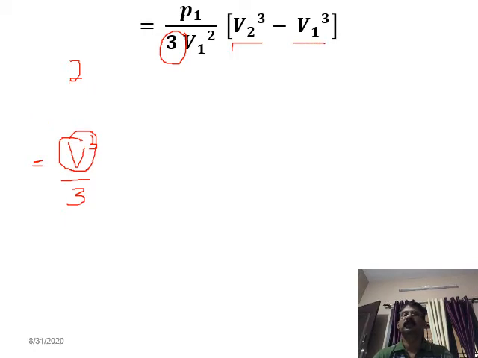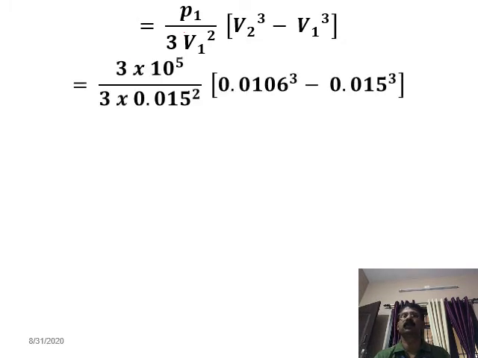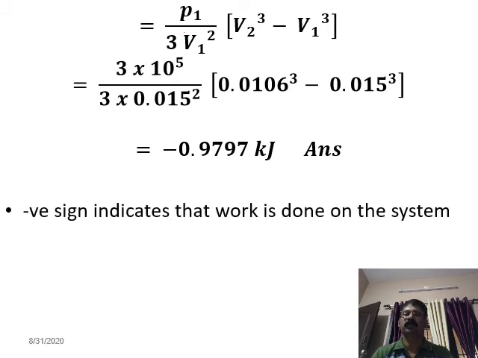Now already you found out V2 because we did it in the beginning itself. So directly you can substitute the values of P1, V1 and V2, and you get the answer as minus 0.9797 kilojoules. Once again, note that the negative sign indicates that work is done on the system.